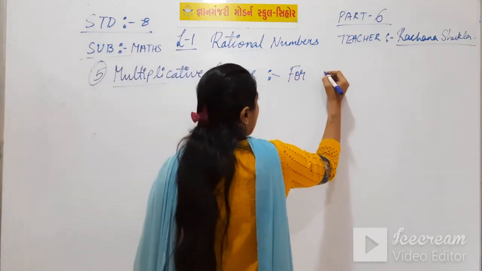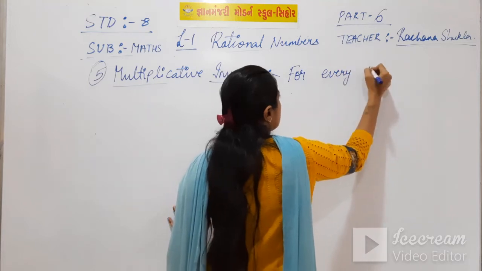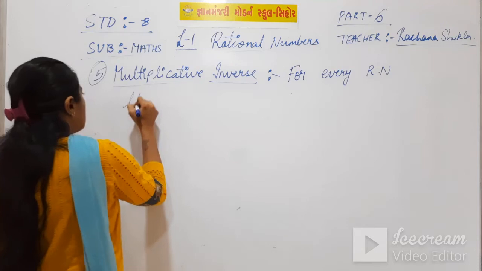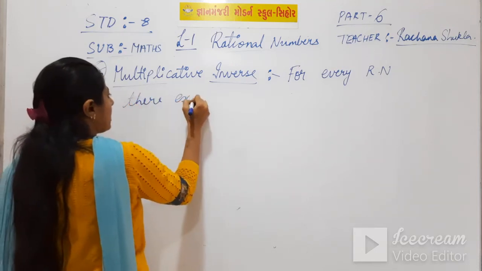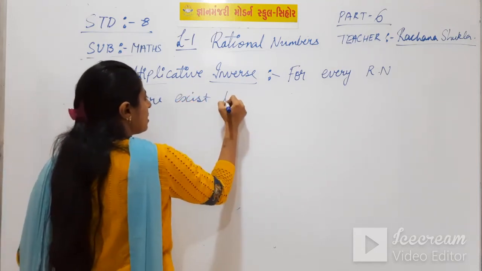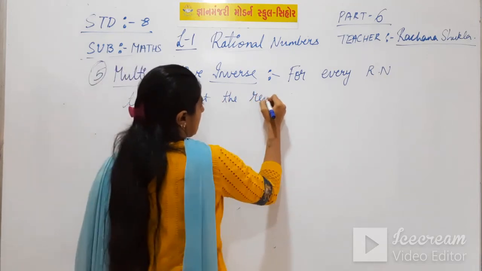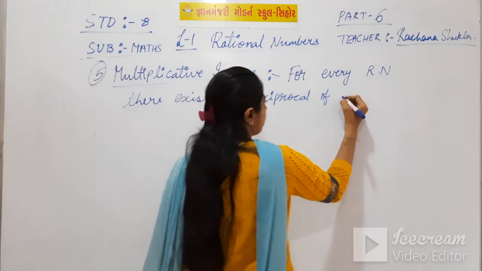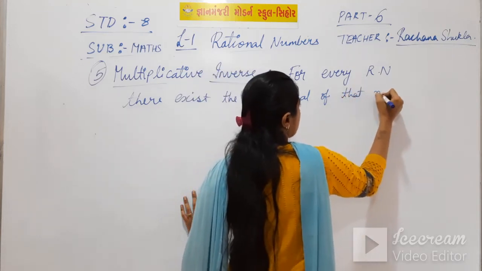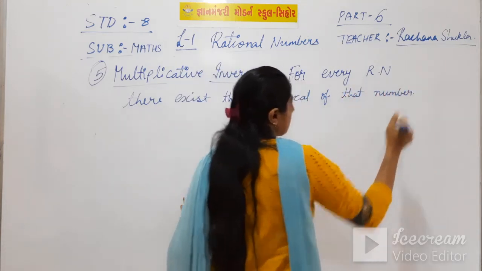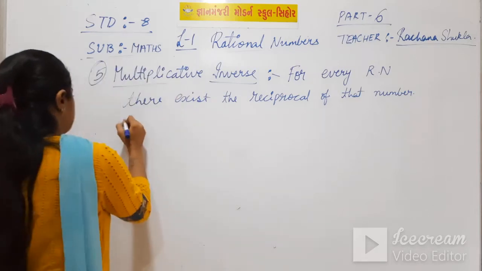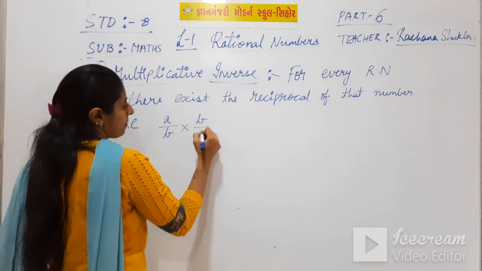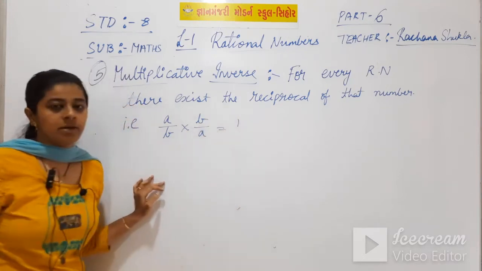For every rational number, there exists the reciprocal of that number, that is a upon b into b upon a equal to 1.